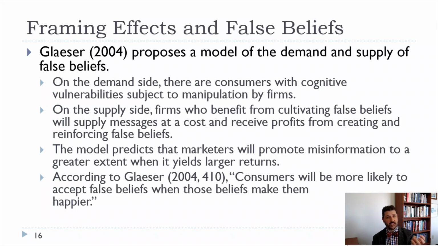And firms, if they can cultivate those false beliefs, will send them to consumers, especially if they can profit from them. And consumers are more likely to accept those false beliefs if it makes them happier.